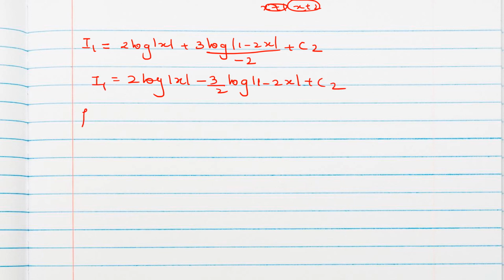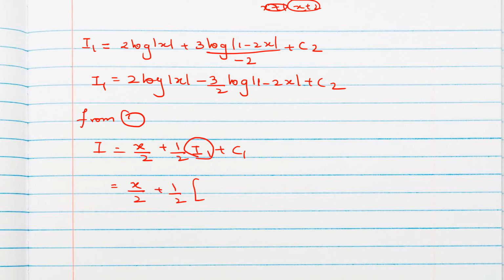Now from equation 1, I we got as x by 2 plus half of I1 plus C1. Now the I1 value we can substitute here. So x by 2 plus half of I1, which is 2 log mod x minus 3 by 2 log of 1 minus 2x plus C2, and plus C1.